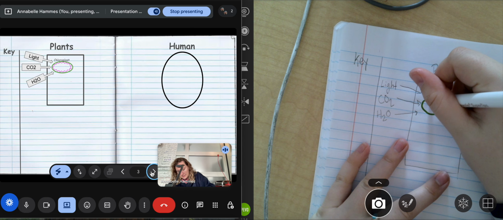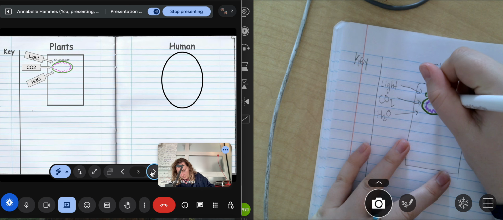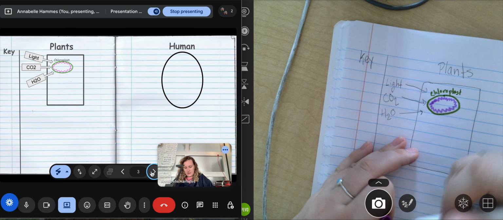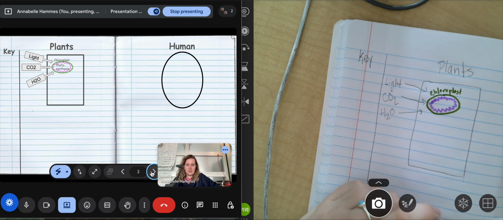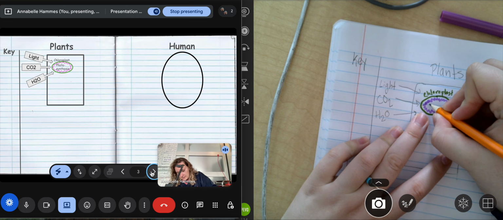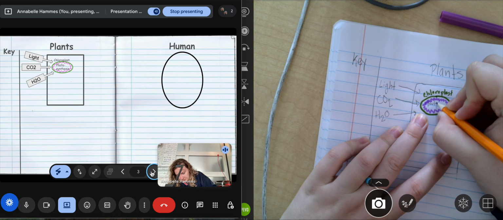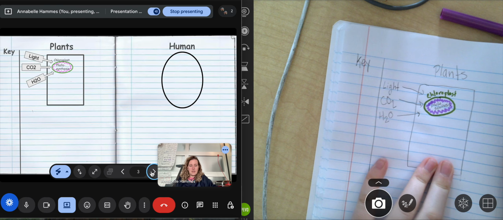It's going to look like this. Like a spiky oval. Inside there, you're going to be writing super teeny tiny photosynthesis. Okay.